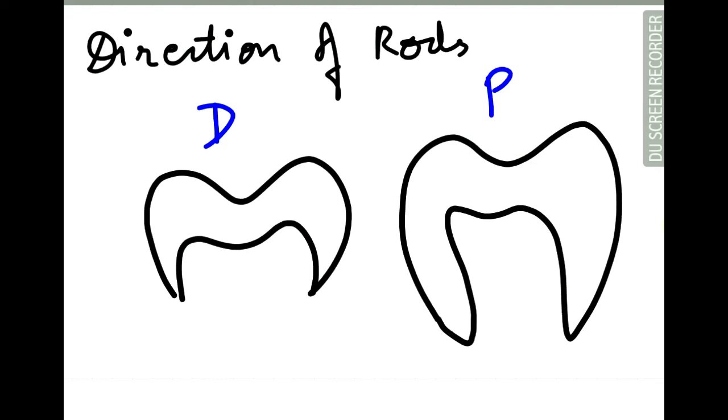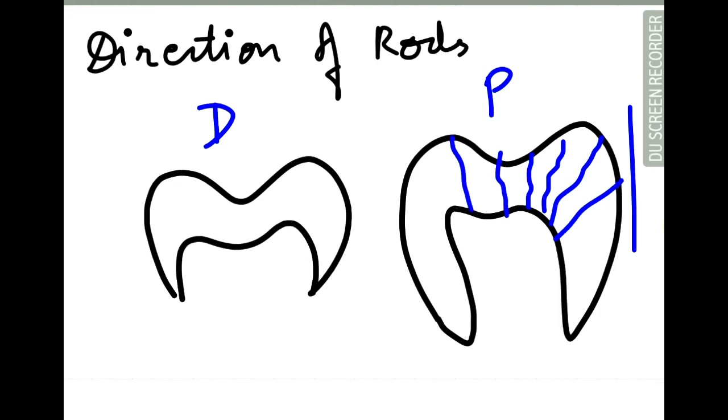In the occlusal two-third, the direction is the same. That is, it arises from the DEJ, runs a wavy course and ends on the enamel surface. In the cuspal area, they are almost vertical, and towards the middle of the crown, they become horizontal.